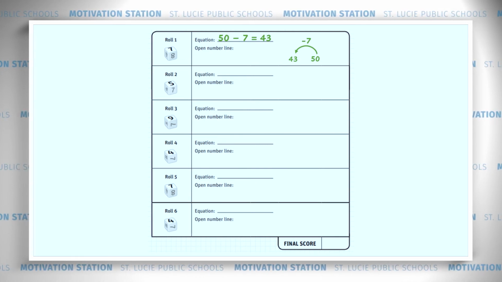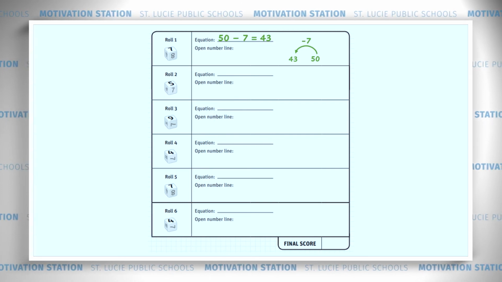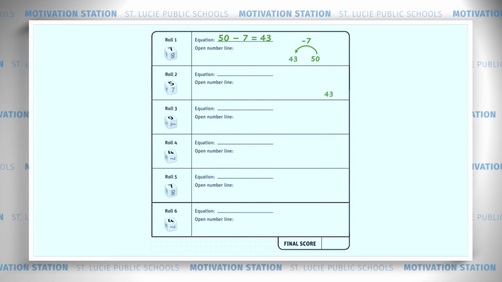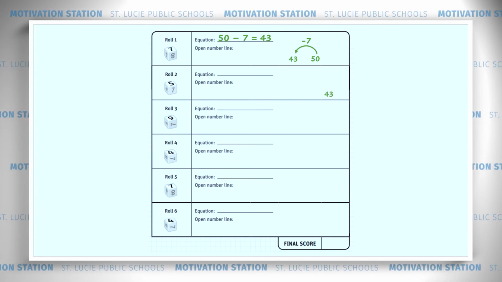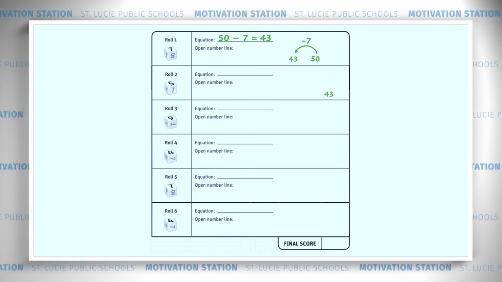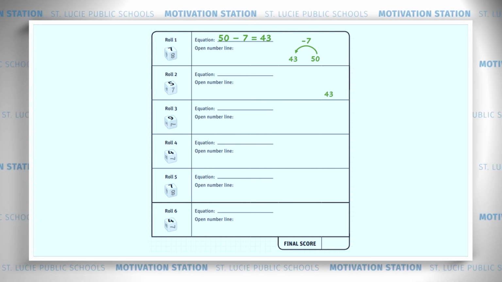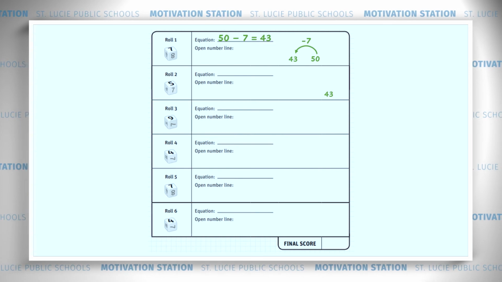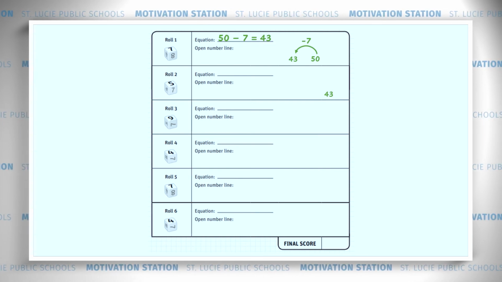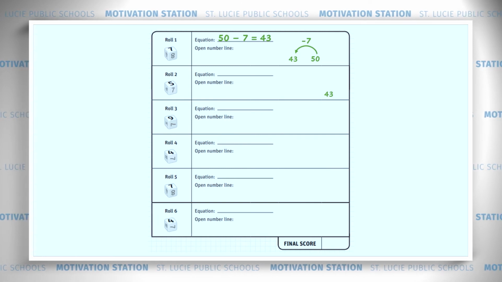For roll 2, I'm going to use my answer from my first round. The answer for the first round was 43. So I start my equation with 43 for the second round because I want to get as close to 0 as I can. Okay. Roll 2, I rolled a 5. I'm going to do this in 2 jumps because I want to get to an easy 10 and then I'll go the second jump.